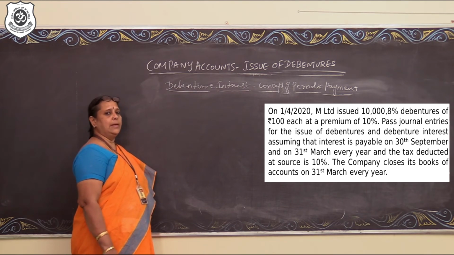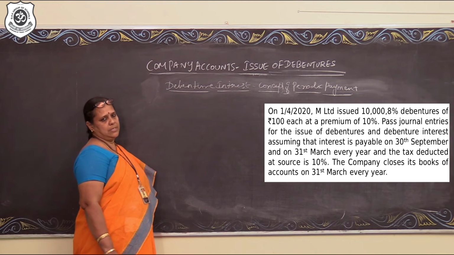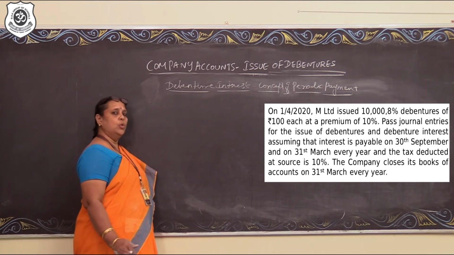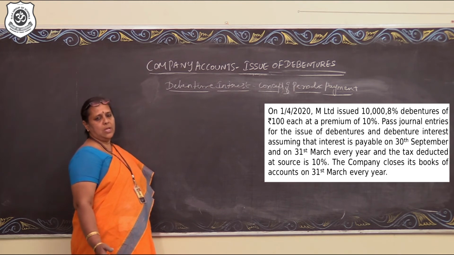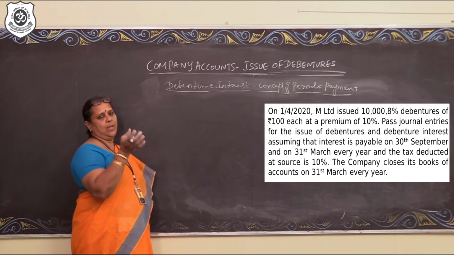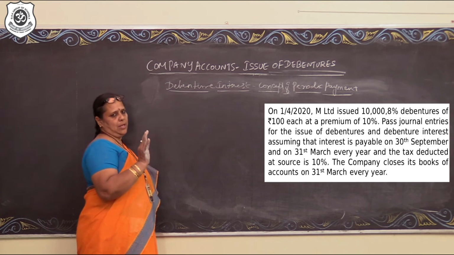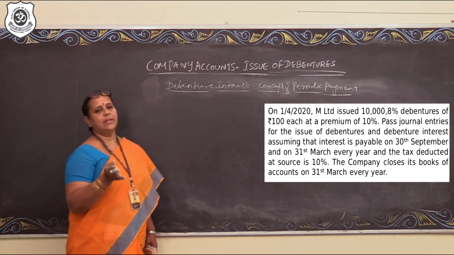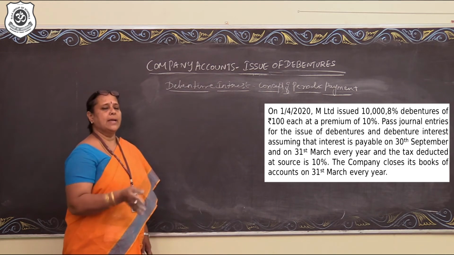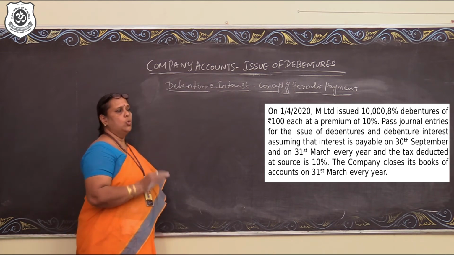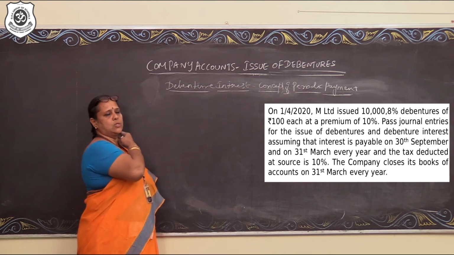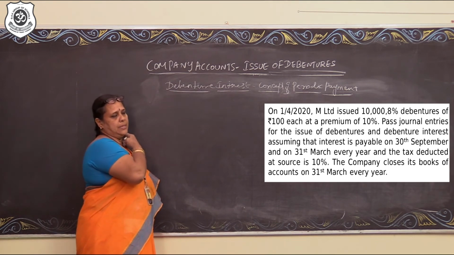You are also given the tax rate at 10%. We can as well go ahead with tax payable, though it is not a part of the syllabus. So we can exempt the tax payable portion alone in the examination. But the concept is to be learnt, to be known, and we know pretty well that debenture interest is a taxable payment only. So we will go ahead with the tax payment also. So tax deducted at source is given to you at 10%.